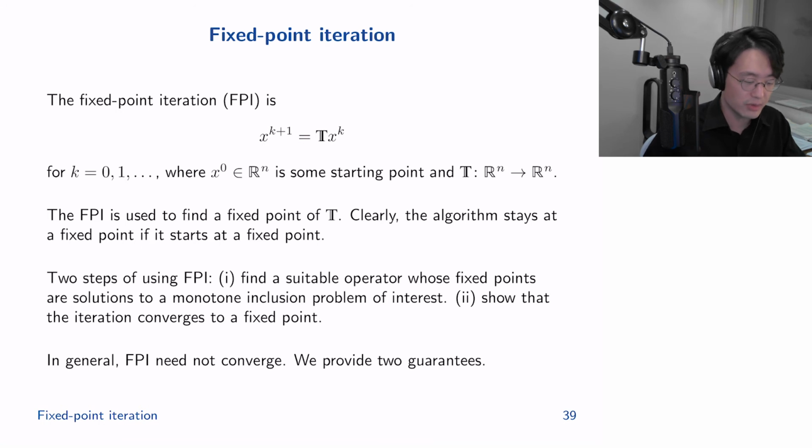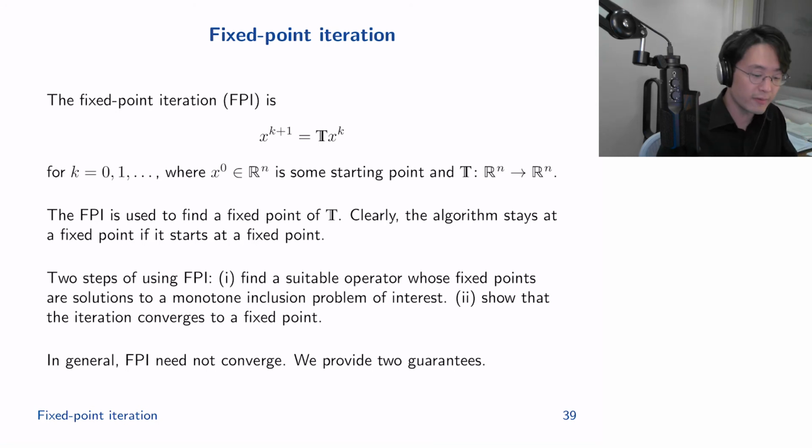So the setup that we're considering is that we want to solve a monotone inclusion problem, and therefore we want to find an operator such that its fixed points correspond to the solutions we're interested in. And the second step is to show that the iteration actually converges to a fixed point, because in general, fixed point iterations need not converge.